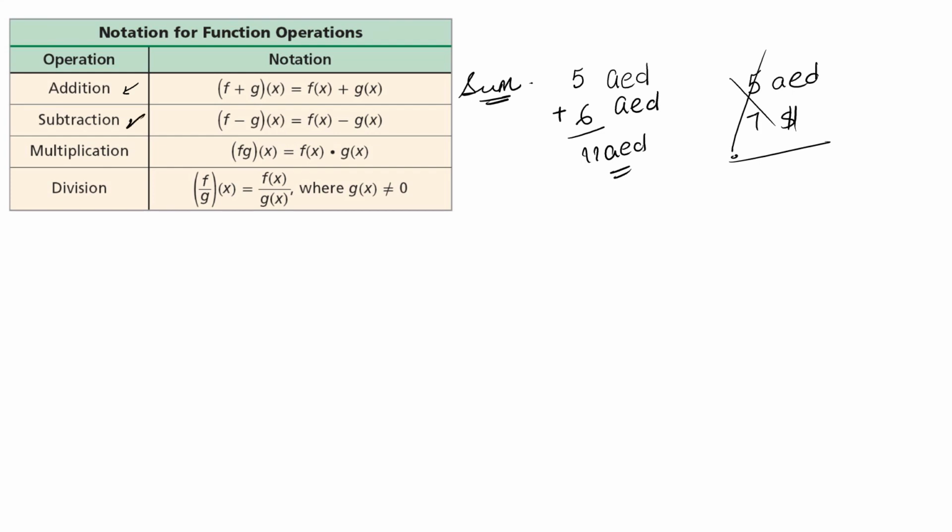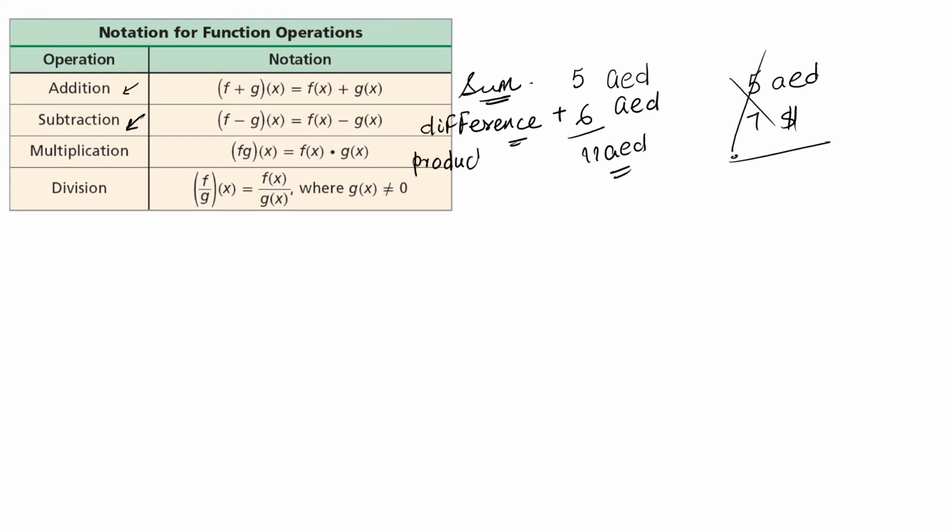Similarly, subtraction. Two functions can be subtracted, and the synonym of subtraction is difference. You can find the difference between two equations or functions by using a negative sign. Multiplication and the word product are the same.